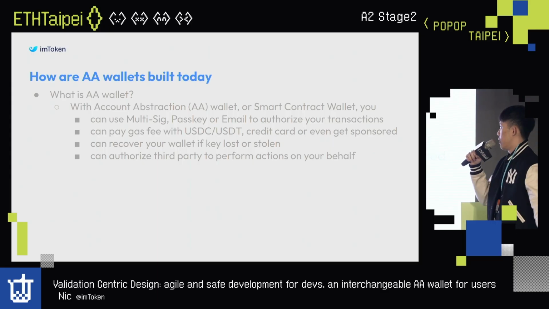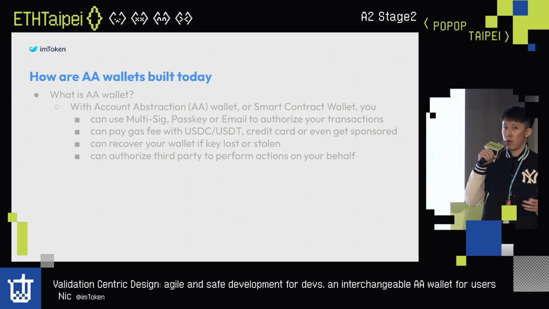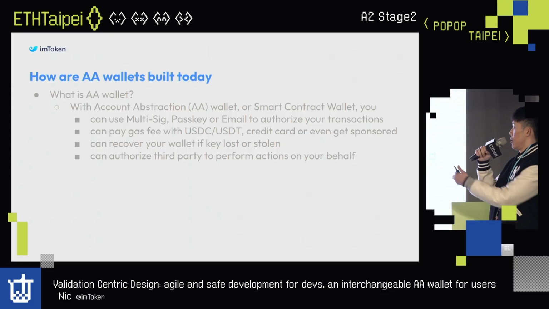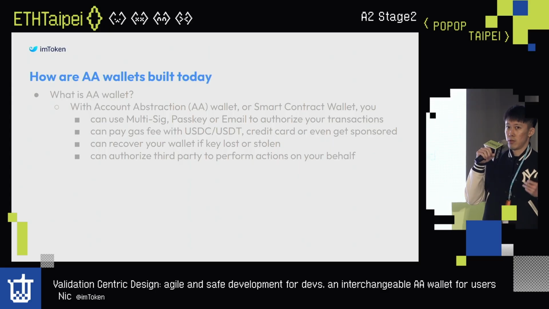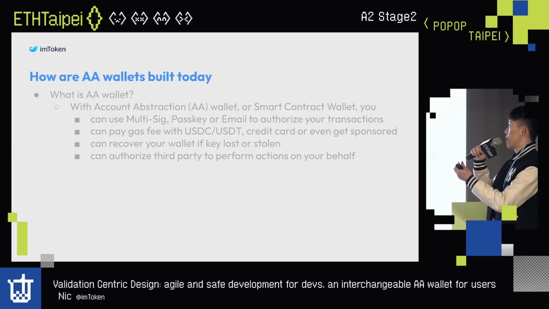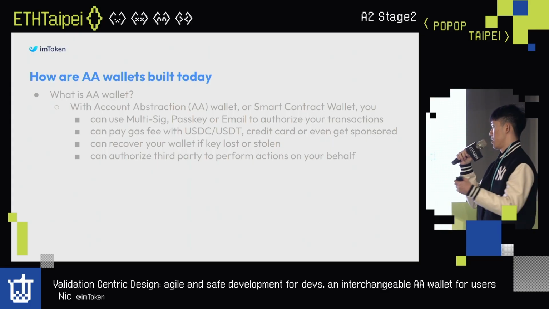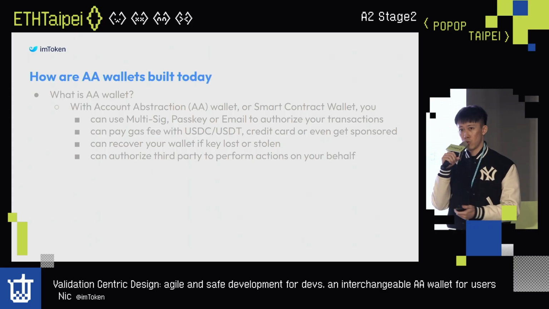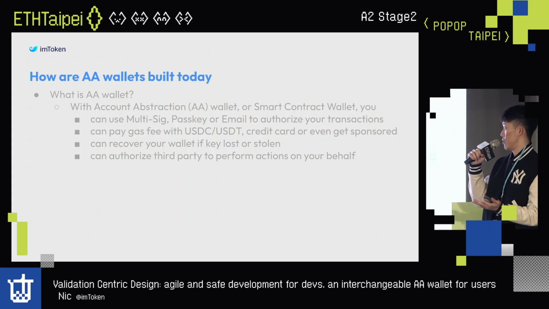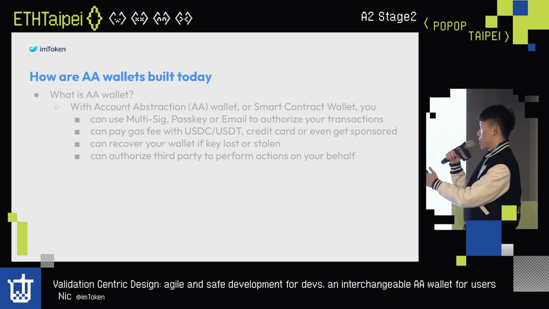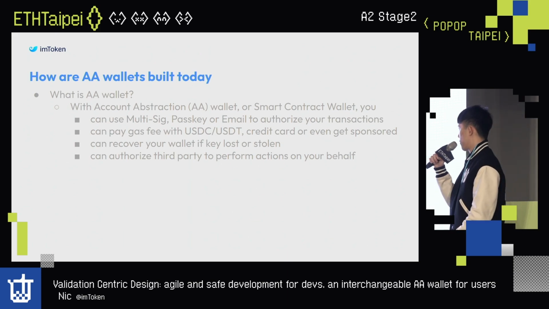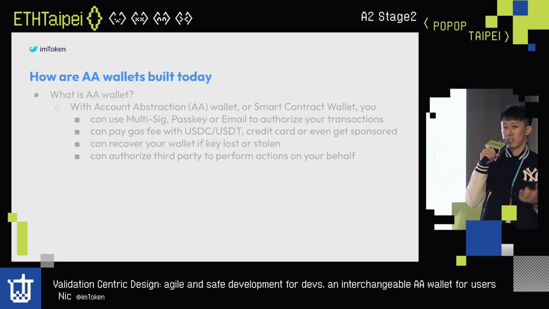The third advantage is that you can recover your wallet if your private key or your method is lost, like your email account is lost. You can set up a recovery mechanism in advance to save your wallet and regain control of it if you ever happen to lose the key. Also, you can authorize a third party to perform actions on your wallet's behalf.